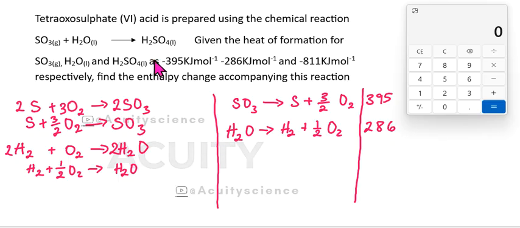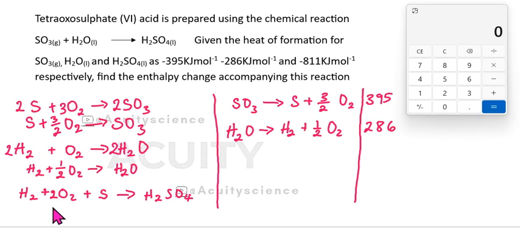Now the final one, H2SO4. Let's just take all the individual elements. Hydrogen plus oxygen. Hydrogen and oxygen are diatomic. Sulfur is not, so just sulfur. And then we'll have H2SO4. So when we take the individual elements like this, you see it's only hydrogen and oxygen that need to be balanced.